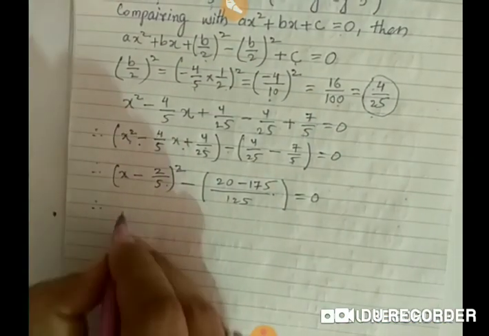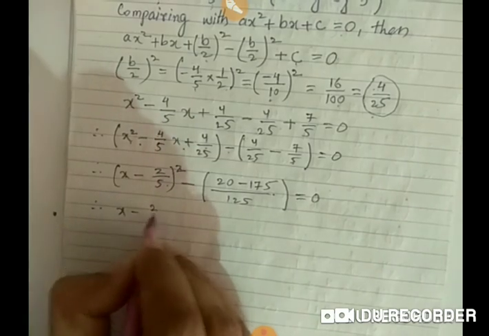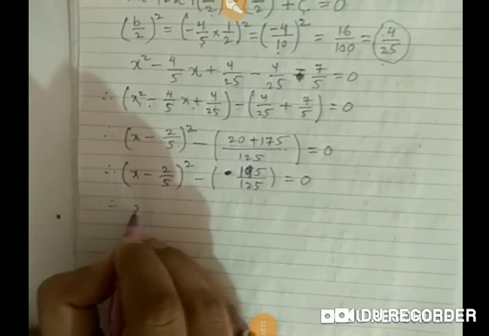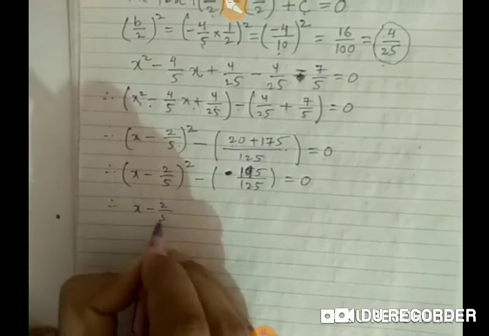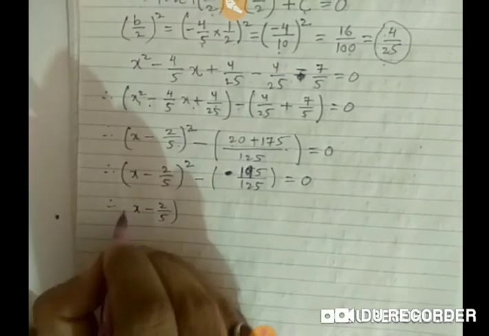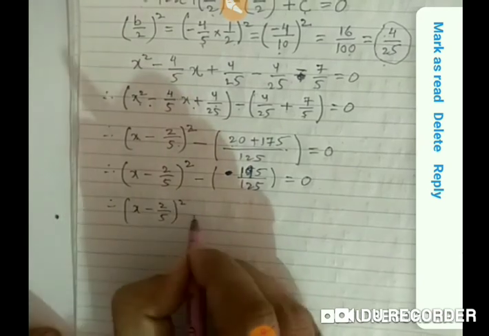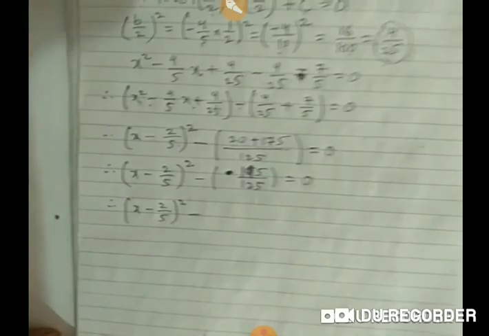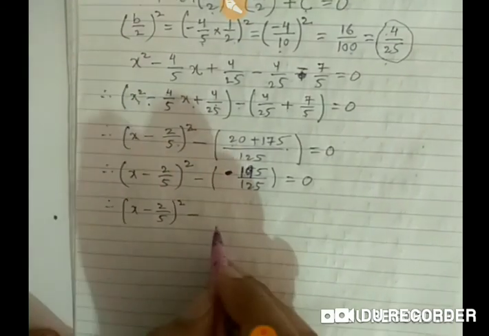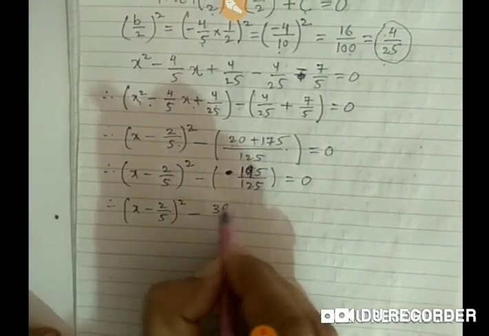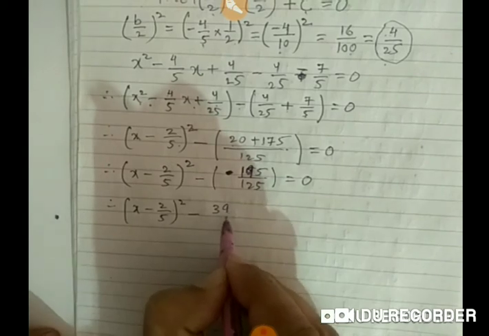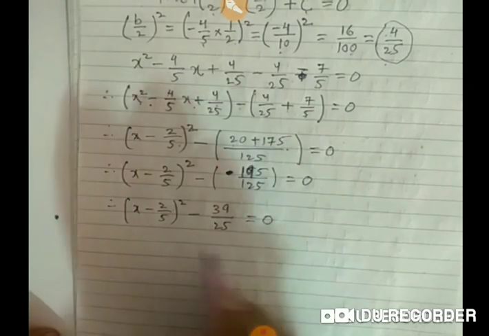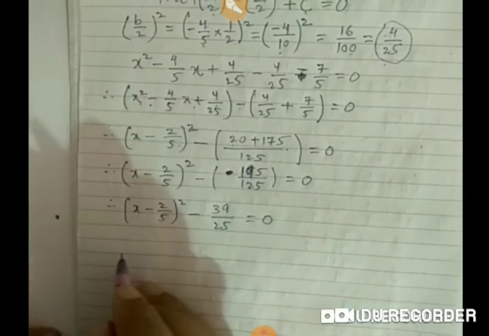This will remain same, x minus 2 by 5 whole square minus 39 upon 25 equals to 0. This negative 39 by 25 will become positive.